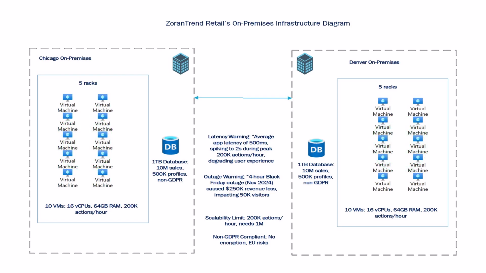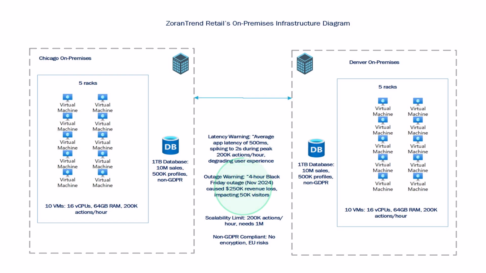Performance challenges include slow app response times, averaging 500 milliseconds and spiking to 2 seconds during peak usage, 200,000 actions per hour at peaks, and an unstable 1 terabyte database storing 10 million sales records and 500,000 customer profiles, which has crashed twice for 4 hours each, resulting in $250,000 in lost sales.